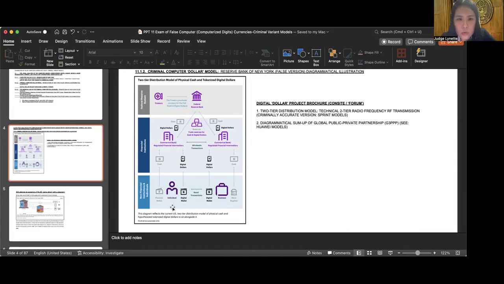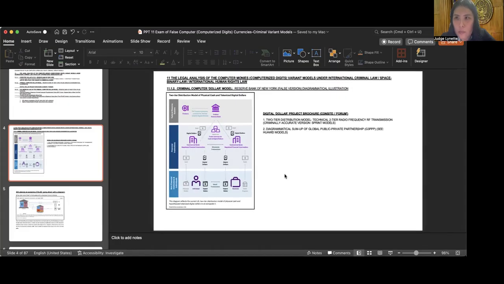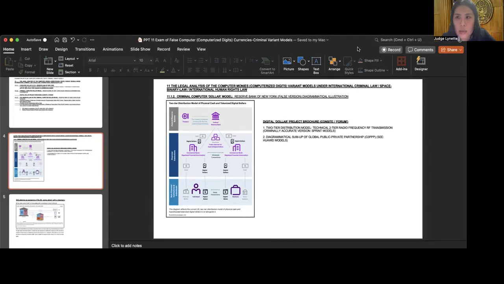So for now, so that you can get an understanding of how much the perp was eyeing to rob from chipping and then getting the computerized digits, I just want to start off with an introduction of how it looks on the surface, and what is the real accurate criminal meaning of two-tier, which has changed drastically with COVAX. So it really does mean radio frequency transmission, and that will be left for PowerPoint 3.